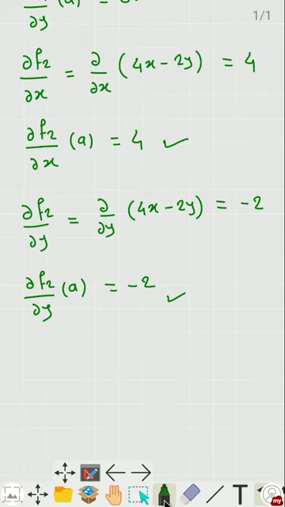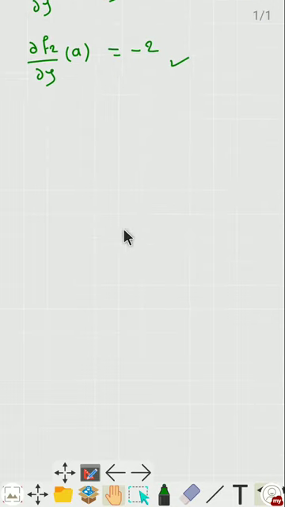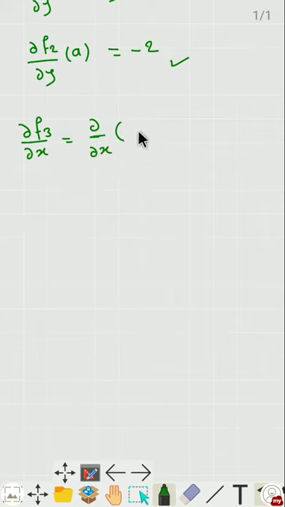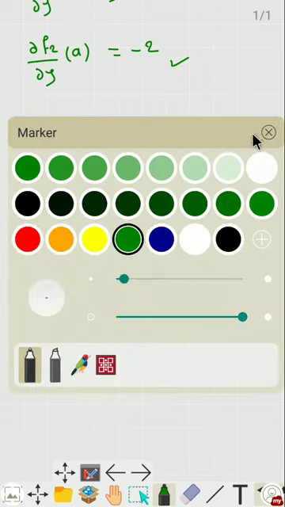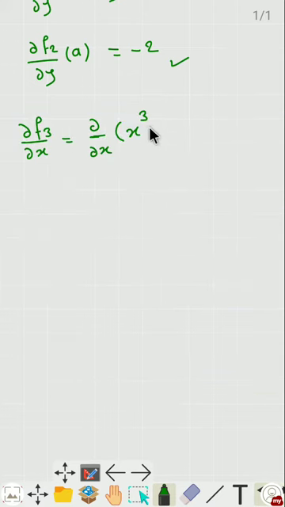Now let us go to the next function, f3, and find its partial derivative with respect to x. It is equal to ∂/∂x of f3, which is x³ + y³, and its partial with respect to x is 3x².